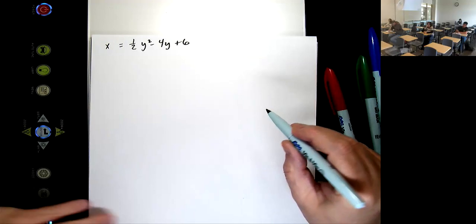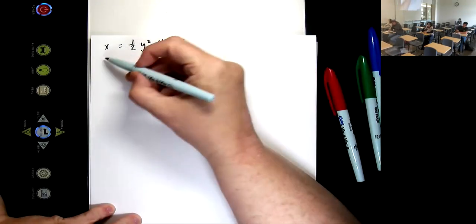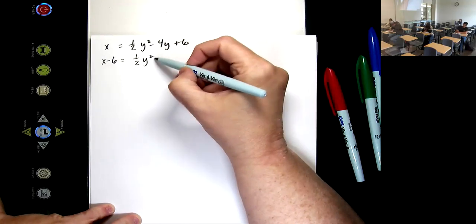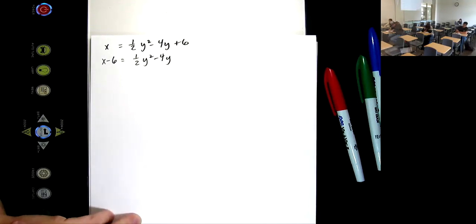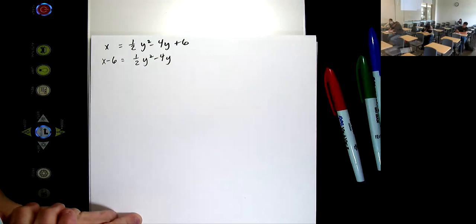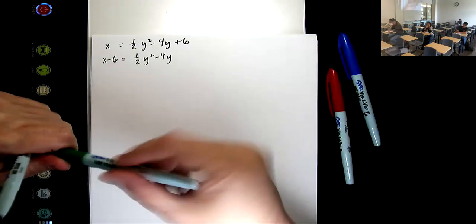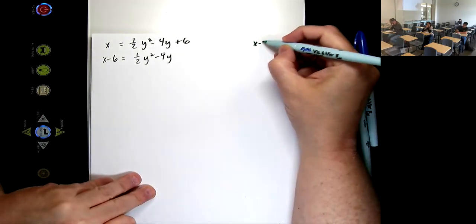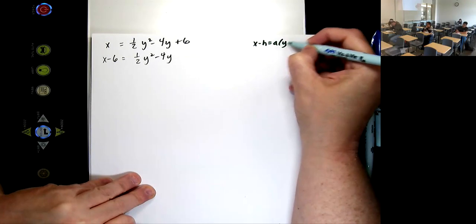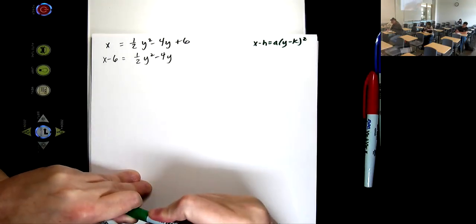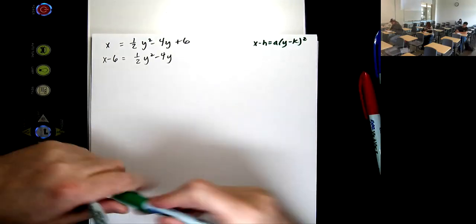So what we're going to do is we'll subtract the 6 over. And just so you see what we're looking for, we're aiming for this. That's our goal.